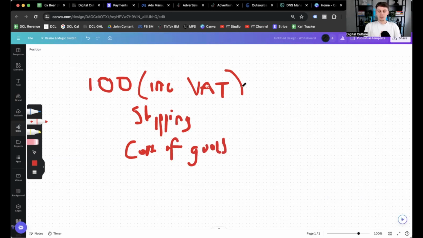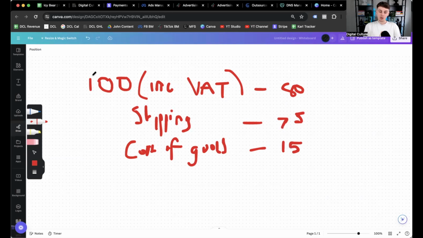So £100 including VAT. VAT in the UK is 20%, so that leaves £80. Shipping, say 4 or 5 quid, for argument's sake, so that's £75 left. The profit margin on this is, say, I don't know, 20%, so that leaves £15. So the profit in this campaign, guys, is £15.